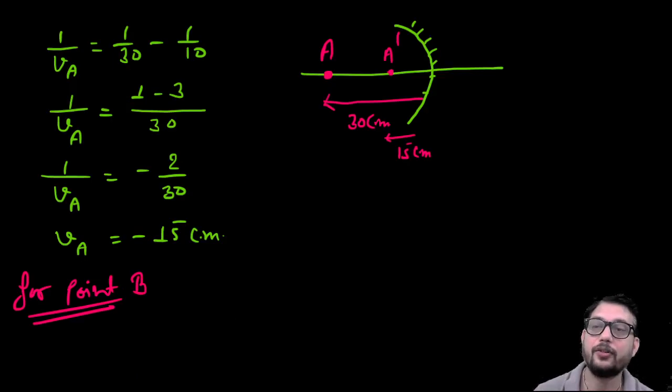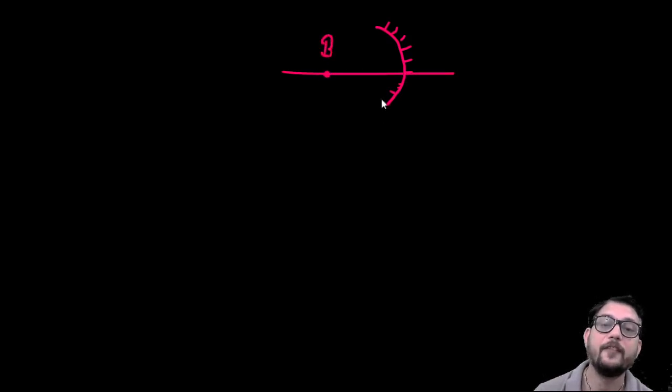So we will draw a diagram this way. This is your concave mirror, and this is your point B, which is 20 centimeter away from it. Now again apply the formula, 1 upon f equals 1 upon v plus 1 upon u.